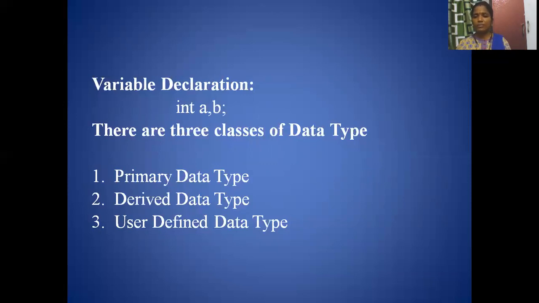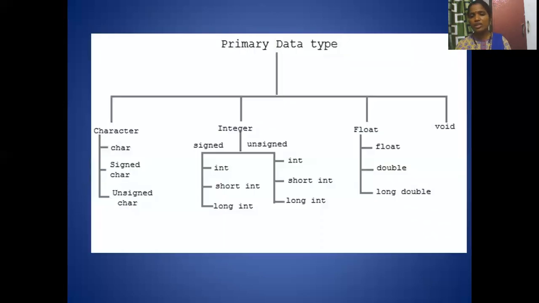User-defined data type. The name says that the user defines it on its own. So it does not belong to primary or derived. We have three kinds of data types. Let's see into them. First, primary data type.